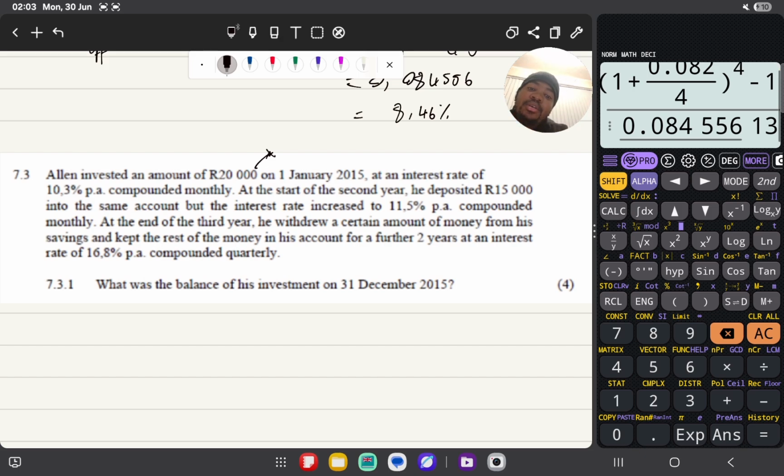At the start of the second year, he deposited another amount into the same account, but the interest rate increased to 11.5% per annum compounded monthly. At the end of the third year, he withdrew some cash, and so on.